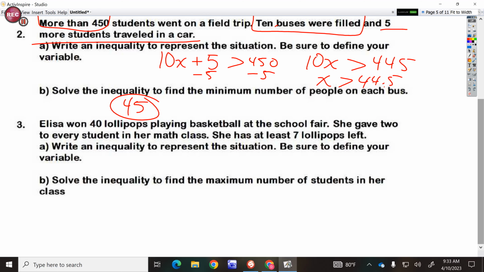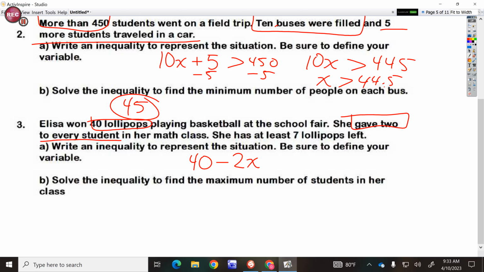So, Elisa won 40 lollipops, right? But she gave 2 to every student. If you're giving your lollipops away, are your lollipops going to go up or down? Down. So now you know it's 40 minus 2x. What does x represent?